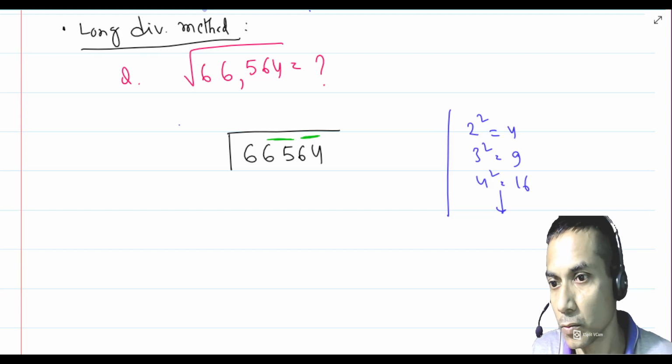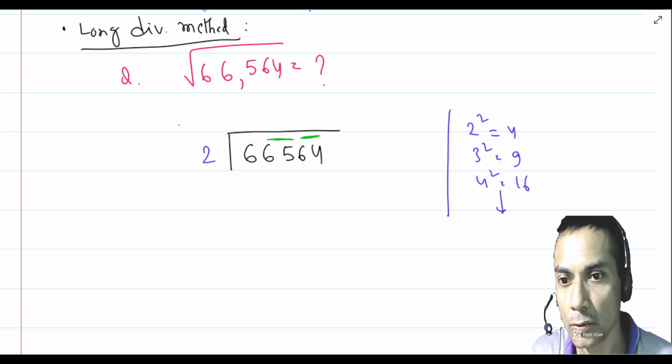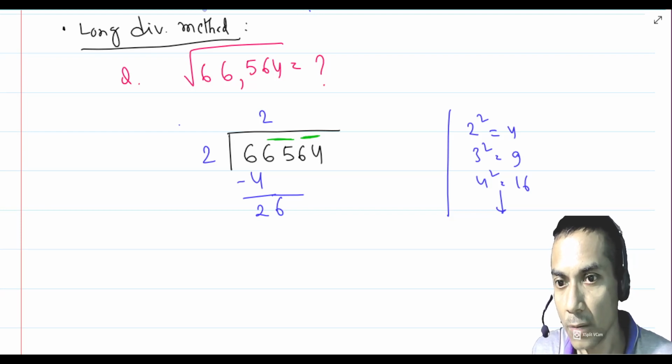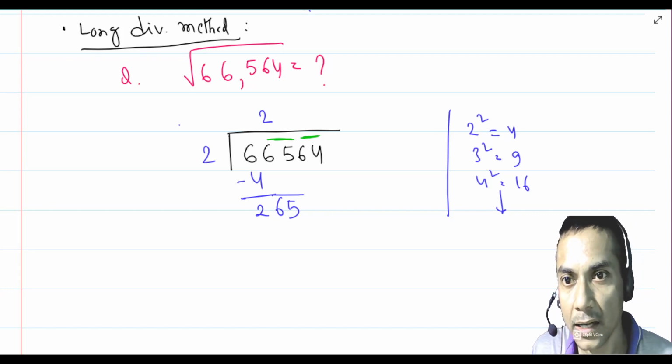Which value do you consider? 2 square is 4, 3 square is 9. So we have to consider 2 to 4. Okay, the remainder you deduct, that is 2, and here you drop the next two digits together: 265. Clear? What is next? What do you have to do?